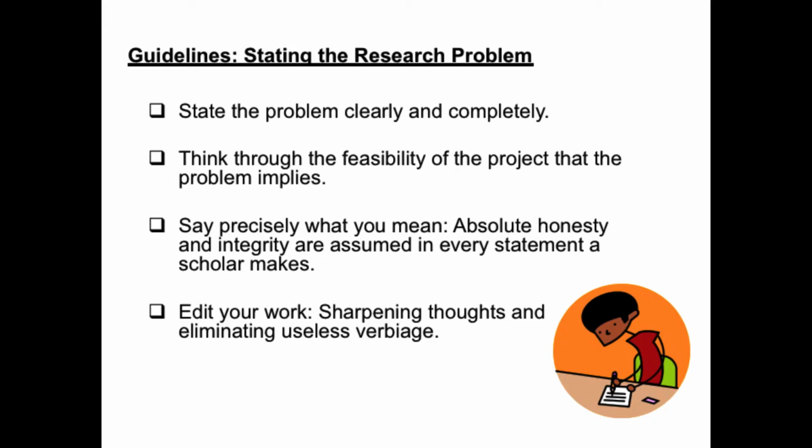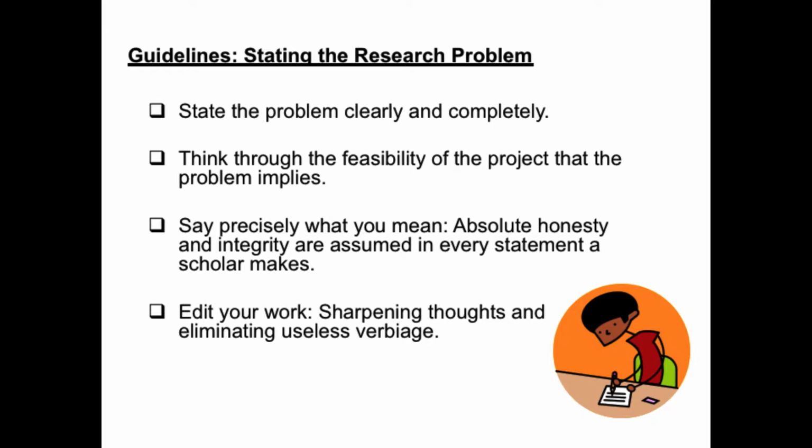And therefore, a corollary to this is that you should say just what you mean to say. Honesty is assumed in your problem statement and in all of your writing as a researcher. When discussing the problem statement, what this means in particular is that you should not state something that you do not intend to fully carry out.